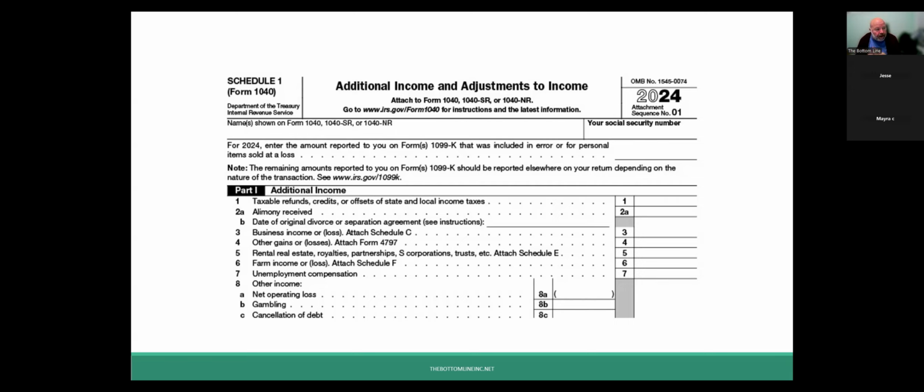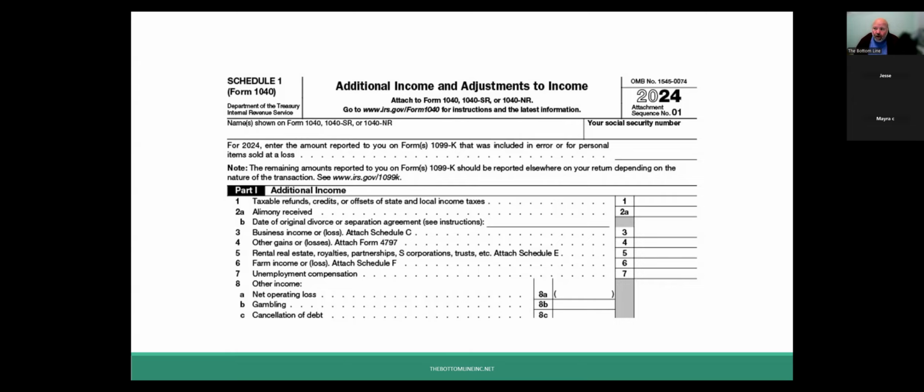Everything again, the 1040 is your book, and then you have different forms. If you have a small business, sole proprietor, you have to fill out a Schedule C, and you'll see on line 3 that'll go in there. If you rent properties out, that will go on a Schedule E, and then the net income will go here on line 5.